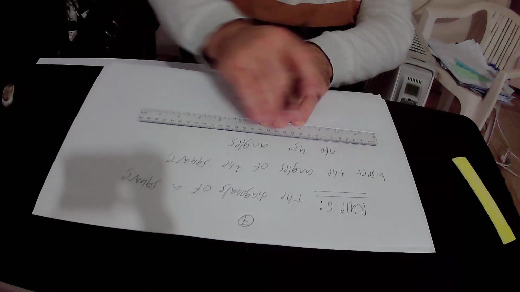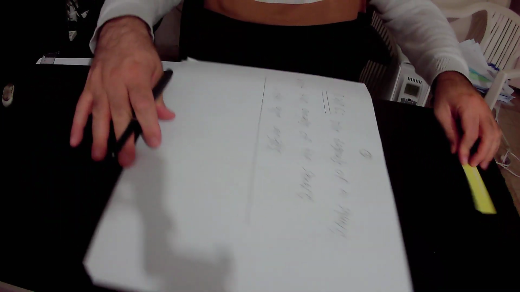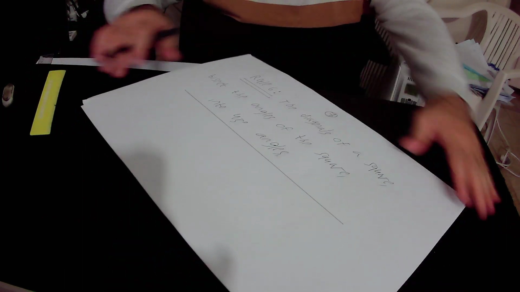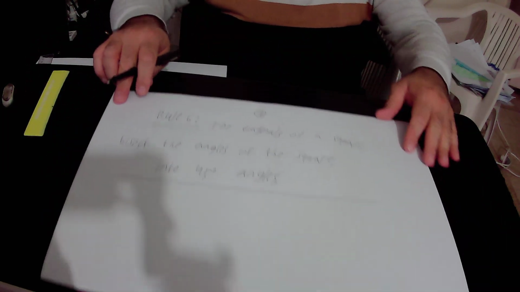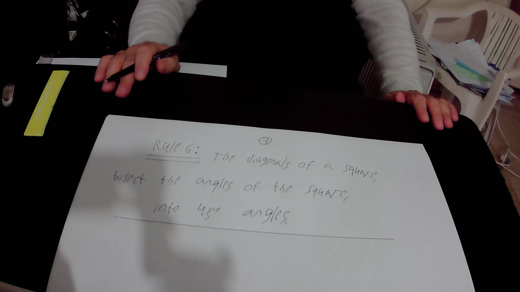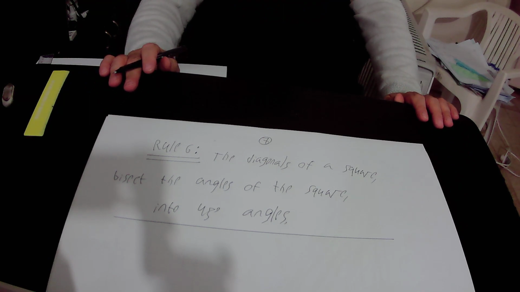So I read rule number 6 again. According to rule number 6, the diagonals of a square bisect the angles of the square into 45 degrees angles.